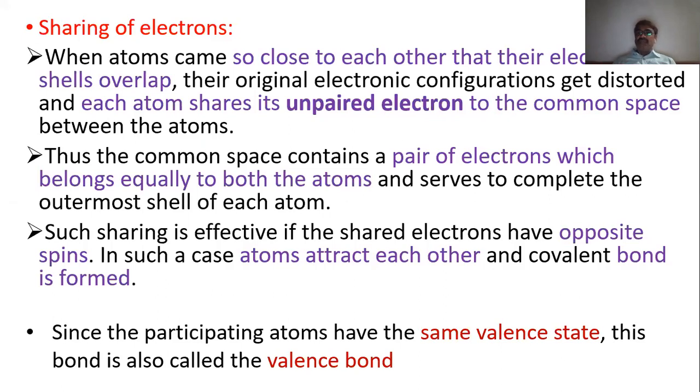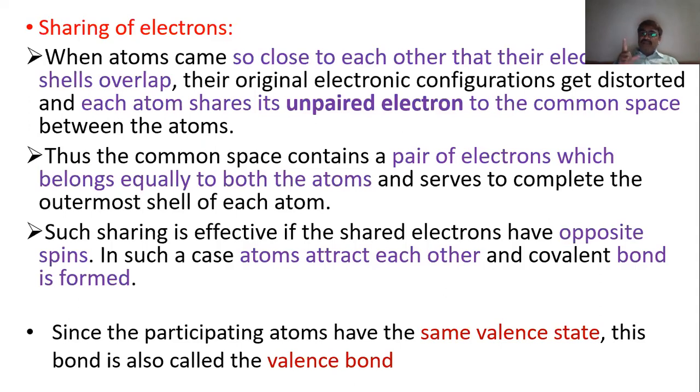Now, how is sharing possible? When two atoms come near each other in such a way that their outermost orbitals overlap and their electronic configurations are disturbed for a certain time, they share their unpaired electrons, and a pair of electrons is formed in the common space between both atoms.